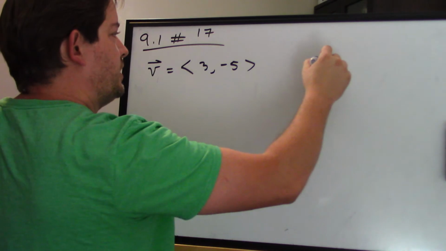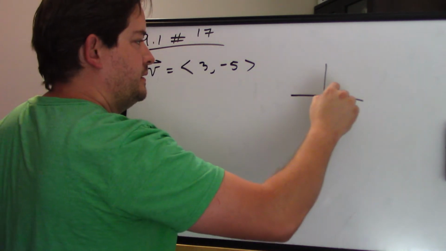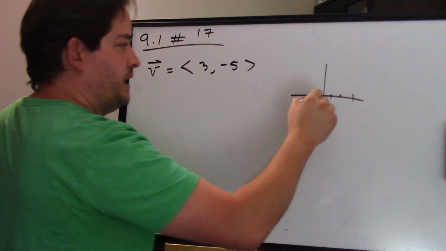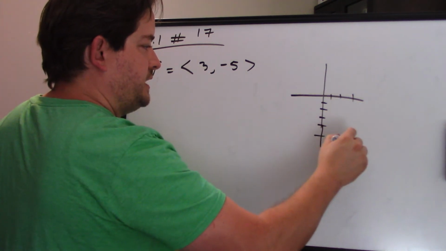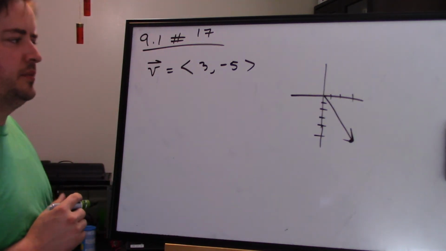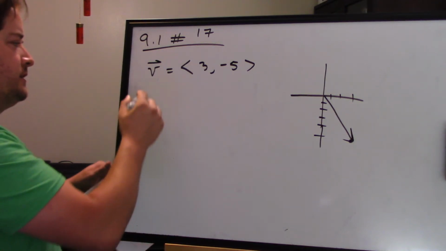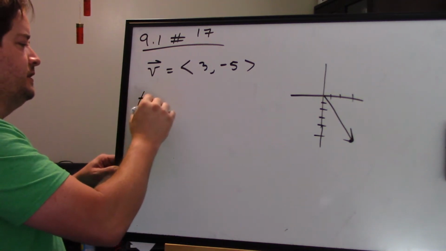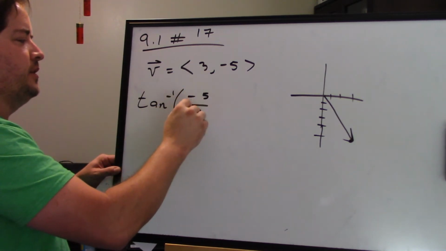This vector, if you draw it out, has an x component of 3 and a y component of -5. So it's just down there. So I know I should be able to get some angle that puts me down into quadrant 4. And I can do that simply by using the arctan of the y value, -5 divided by 3.